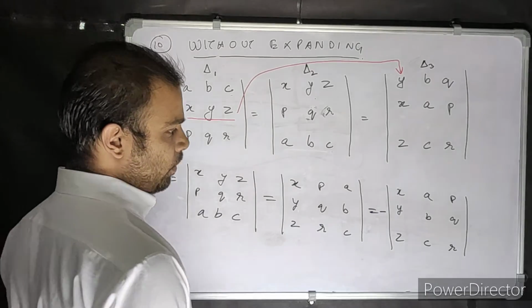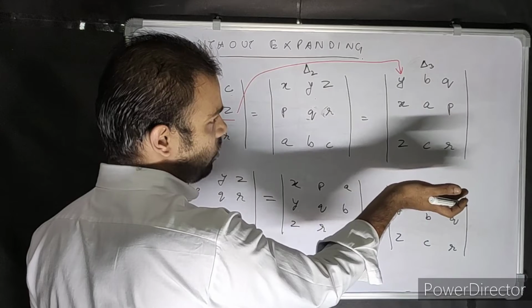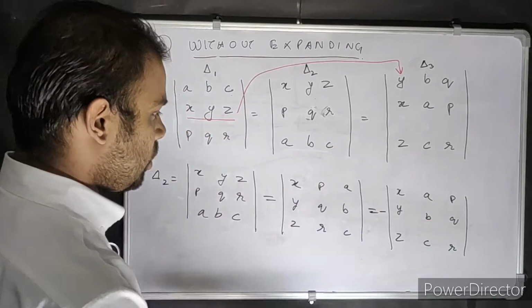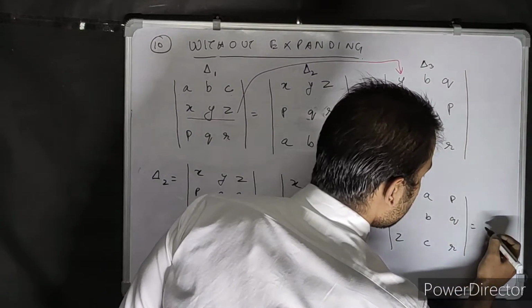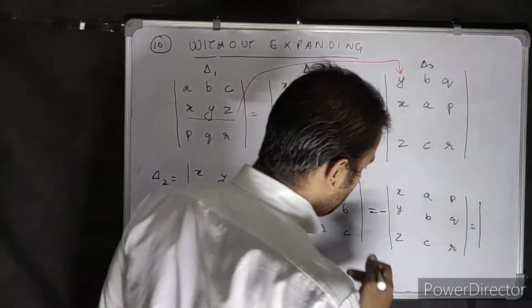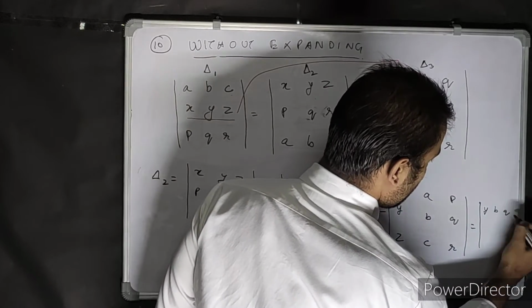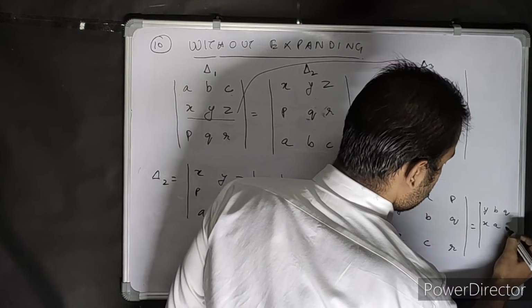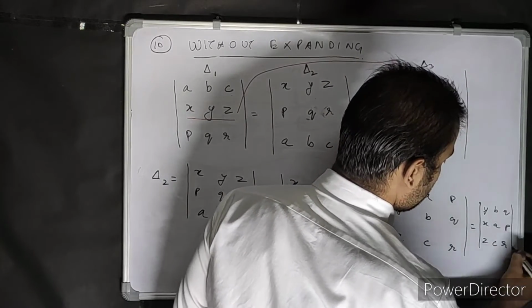Now simple, you just take this y, b, q up there and bring this down. So then it becomes a positive. So then that will be equal to, I am writing it here, this goes up: y, b, q and x, a, p and z, c, r.